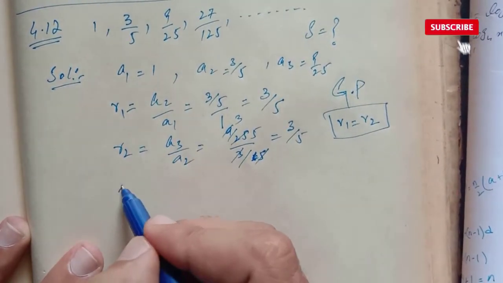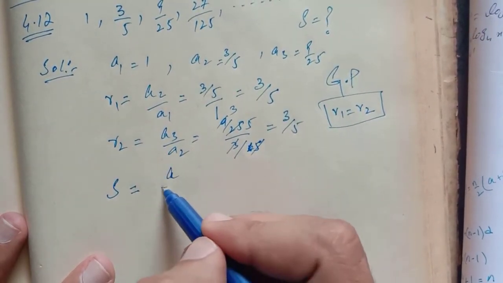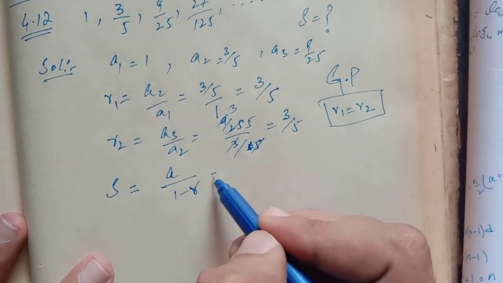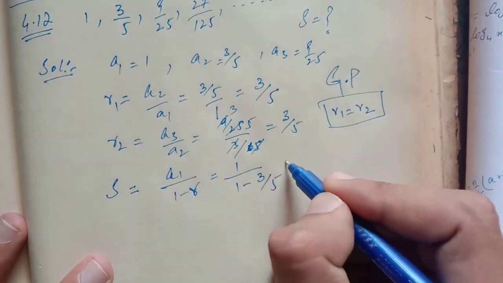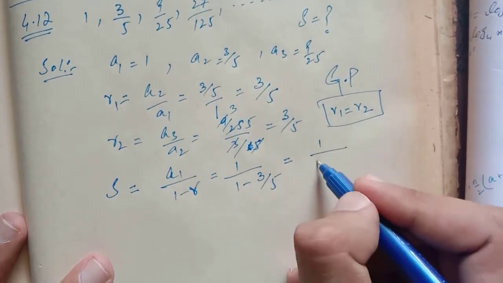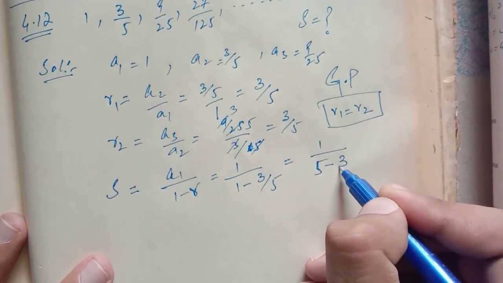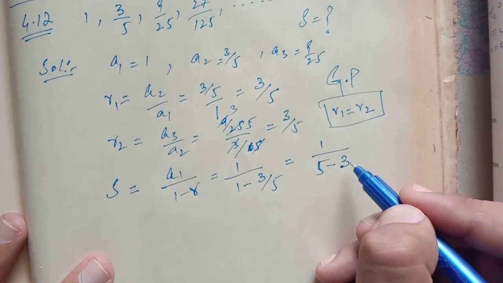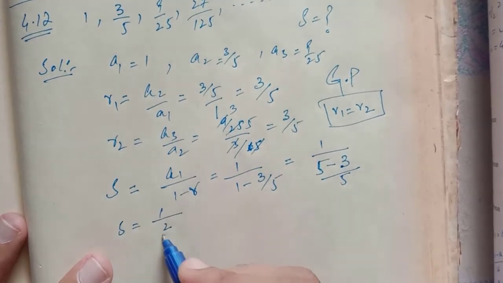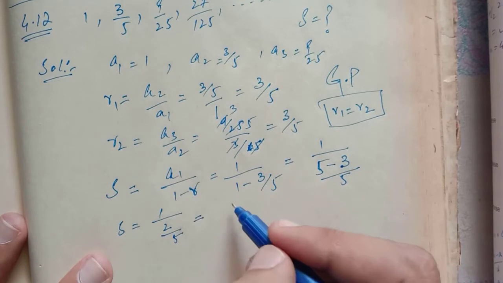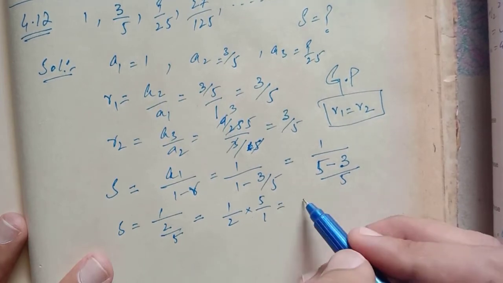So S equals a divided by 1 minus r. This is a1, a1 is 1, divided by 1 minus 3 by 5, and this equals 1 divided by (5 minus 3) by 5. So S equals 1 divided by 2 by 5, which equals 1 divided by 2 multiplied by 5 divided by 1, which equals 5 by 2.